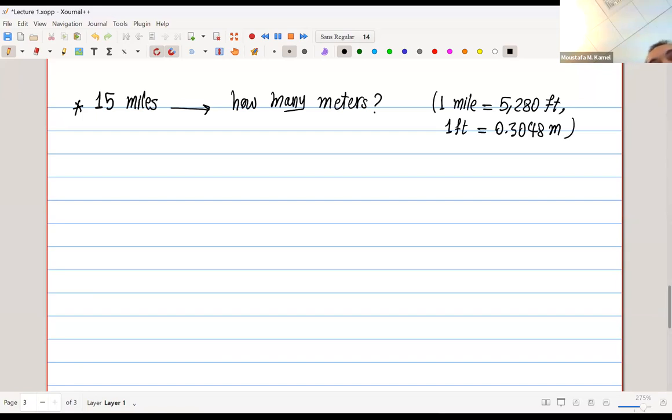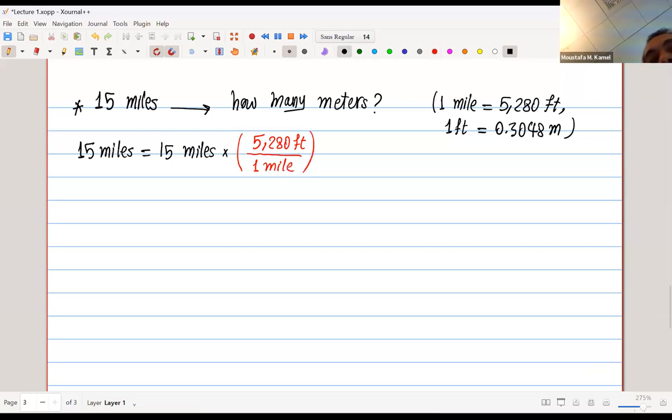Okay. So what I do is I multiply by conversion factors. So I say 15 miles is equal to 15 miles times 1, right? I didn't do anything. But instead of this one, I will remove it and write 5,280 feet over 1 mile, because this is just 1, right? Then the units cancel up and down, and this is the trick. That's why I put it this way.